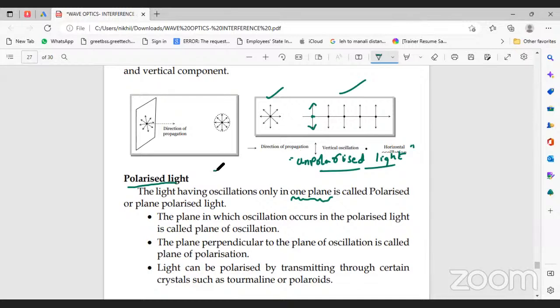Suppose the light particles are vibrating in only one plane, then we denote only with an arrow mark like this, without any dot, or we put only the dot. We won't put both. If only arrow marks or only dots are there, then we say it is polarized light.